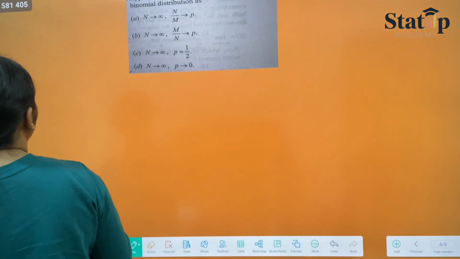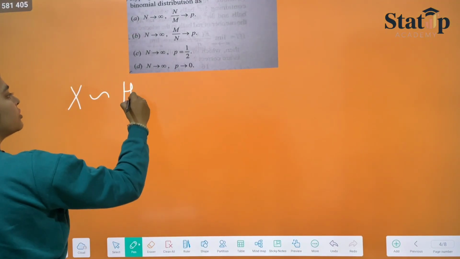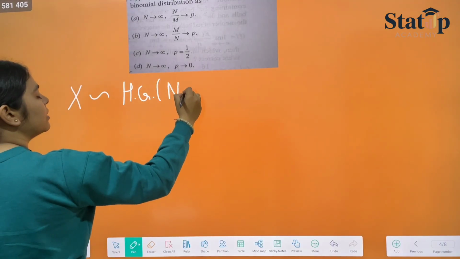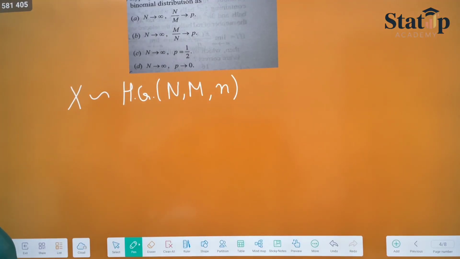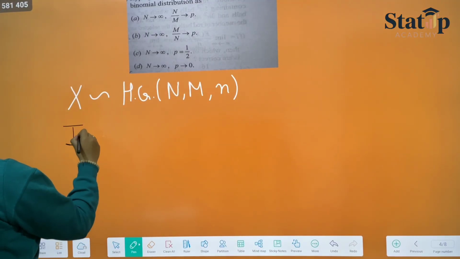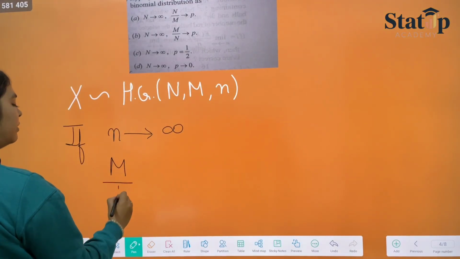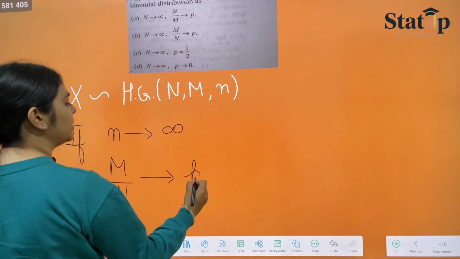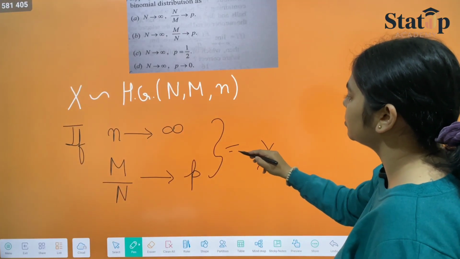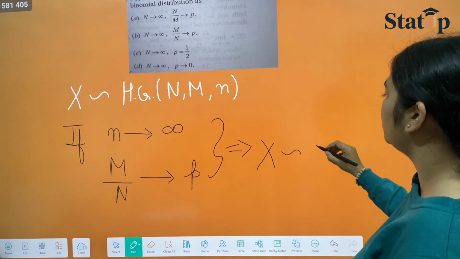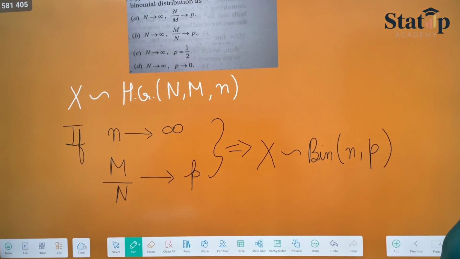So the property says that whenever a variable, suppose a variable is x, follows hypergeometric distribution with parameters N, m and small n, if this N tends to infinity and this m upon N, which is the probability, tends to some probability p, then solving these two conditions, this x will follow binomial distribution with parameters n and p.